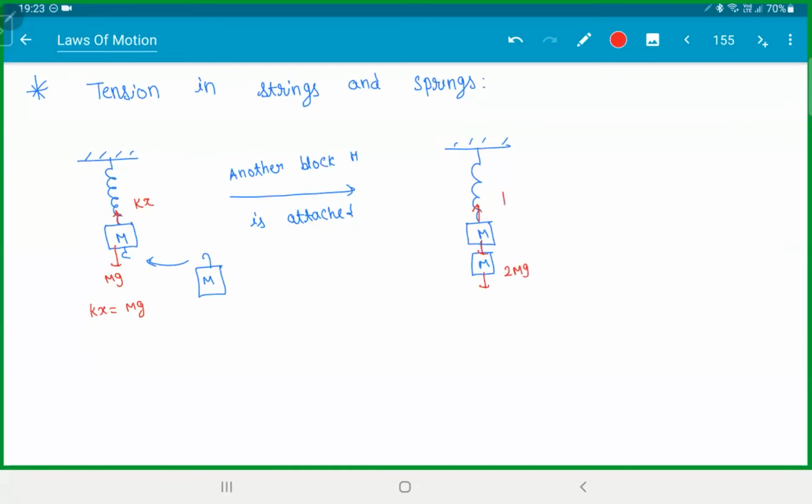The spring force kx will still remain mg. The spring doesn't care. The spring force is F equals k into x, right? When you kept the block, did x suddenly change? No. So the moment the block is attached, the x does not change. It will change, you have to give some time. When the block is attached, elongation does not change suddenly.